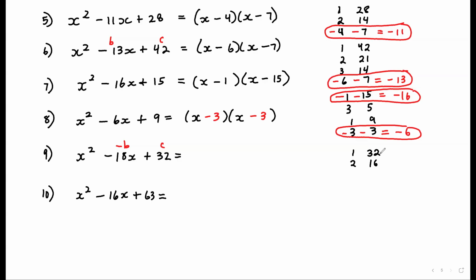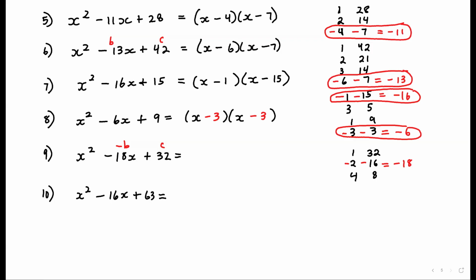The next one will be, well, not 3. 3 can't go into 32, but 4 can. To decide what the other factor would be, you say 32 divided by 4, which is 8. So which of those factors can I get 18 from? 2 and 16. Now it has to be negative 2 and negative 16, because remember, I need to get negative 18.